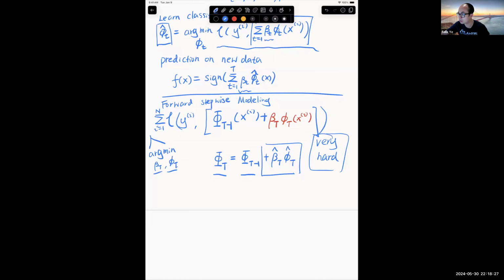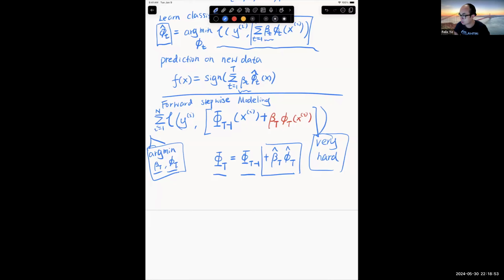So what we can do is work on something called AdaBoost. AdaBoost is saying, I'm not going to solve this optimization problem. Instead, I'm going to propose a way to find this beta t and phi t.